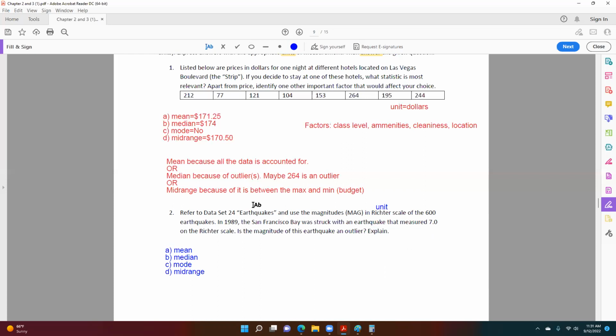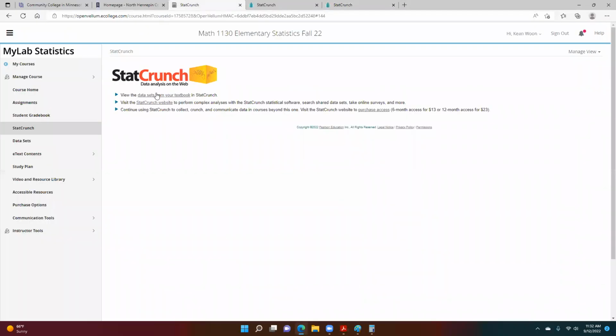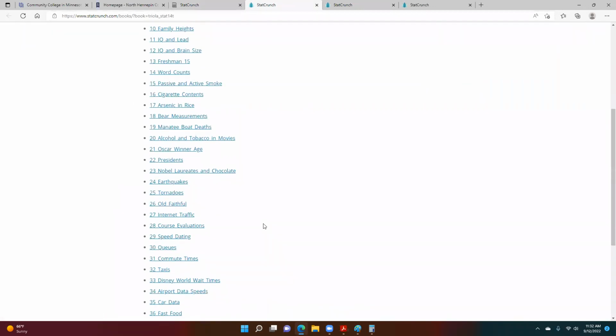So let's go into this data set 24. To get into it, you have to go to your StatLab, to the StatCrunch site. Then you go to the data sets from your textbook, click on it, and we are looking at data set number 24, which is earthquakes.